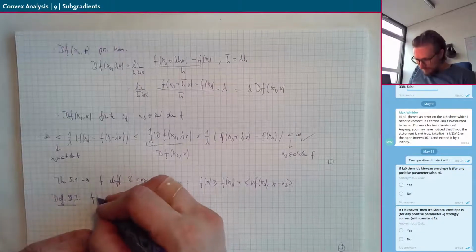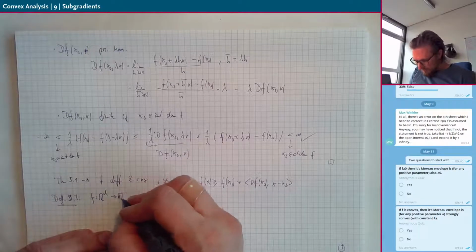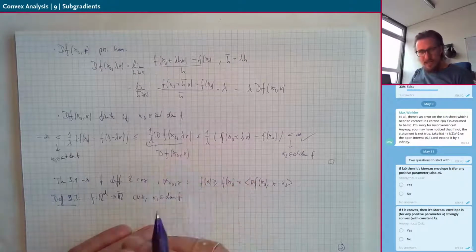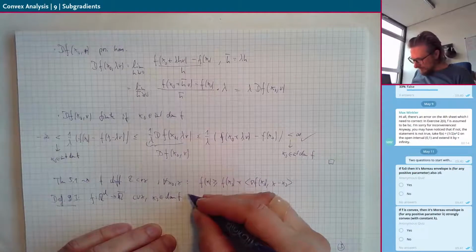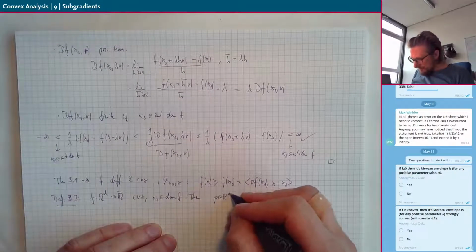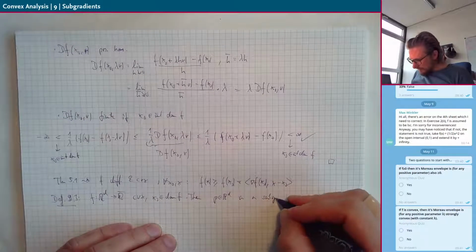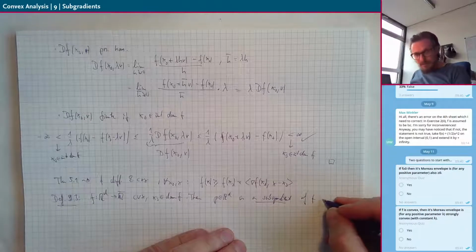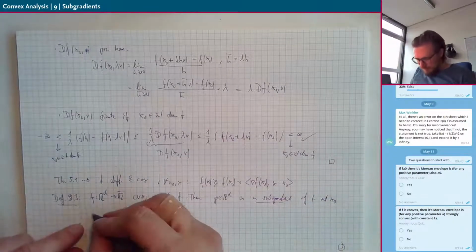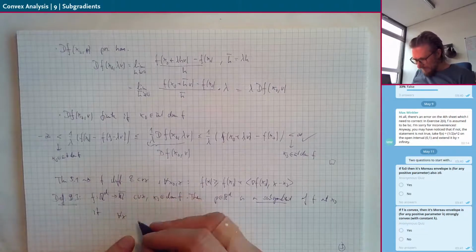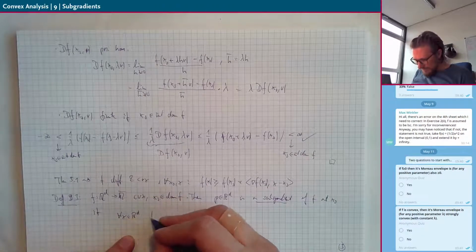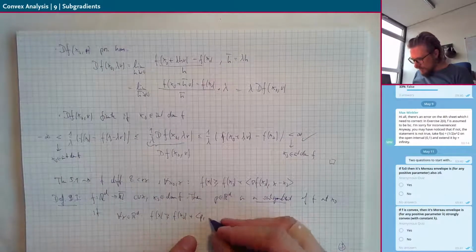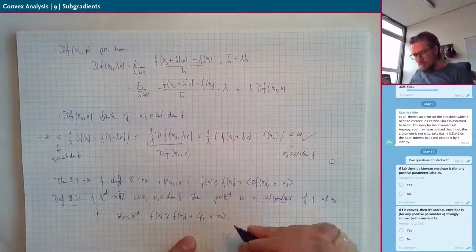If f from R^d to the extended numbers is convex, and we have a point x0 in the domain, then we say a vector p in R^d is a subgradient of f at x0 if, and the condition is, for all other points x in R^d, it holds that f of x is larger or equal to f of x0 plus the inner product of p with x minus x0.